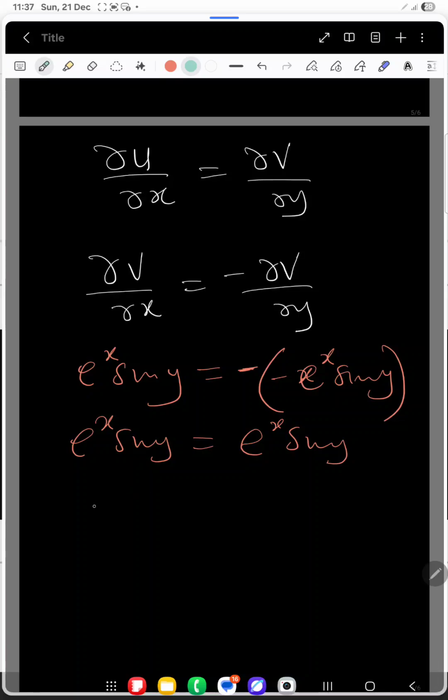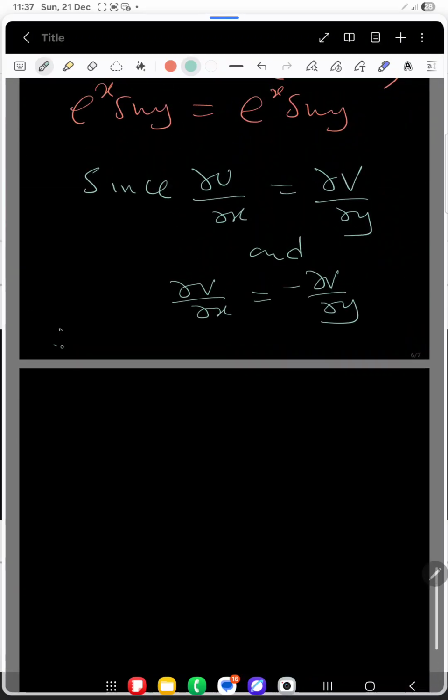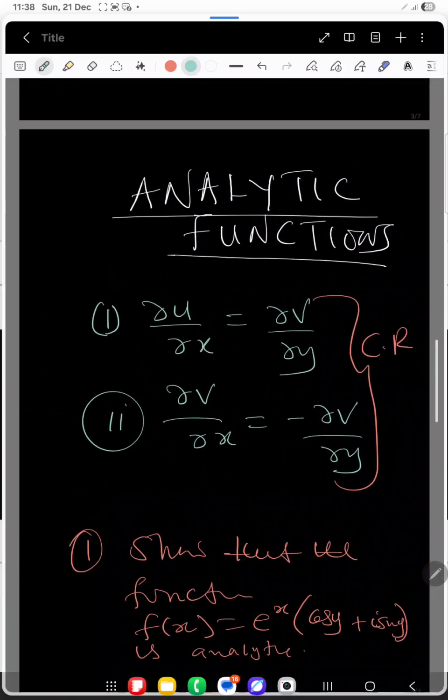So you just say since ∂u/∂x is equal to ∂v/∂y, this is equal to that, and ∂v/∂x is also equal to negative ∂v/∂y. Since these two conditions are satisfied, therefore the function is entire. So you can say therefore f of z is analytic like that. So that's how you prove that a function is analytic.